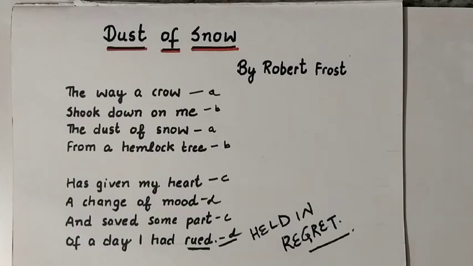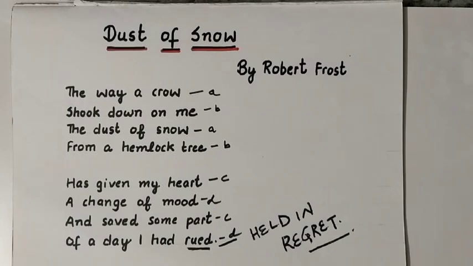So, towards the end of the poem, in the last two lines, he says that the process of the snow falling on me under a hemlock tree by means of a crow changed my mood completely. And due to the change of mood, I became much happier. I felt much better.